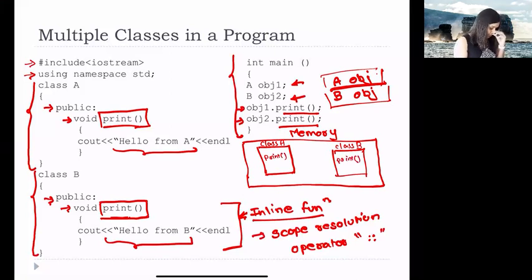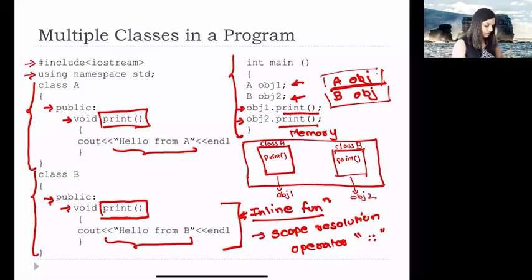And then we have two objects, at least for our initial first case. Object 1 points to class A, and object 2 points to class B.